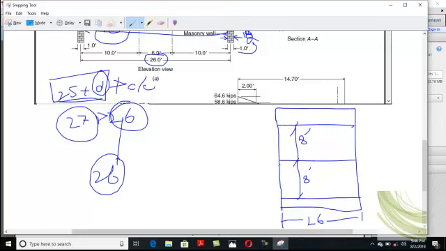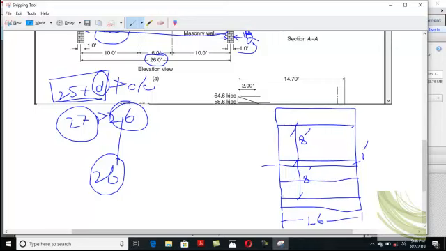Remember that the width of this beam is equal to 1 foot. Clear? Now this beam will take a slab weight which is the half of this span. Clear?